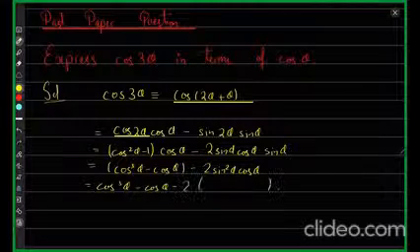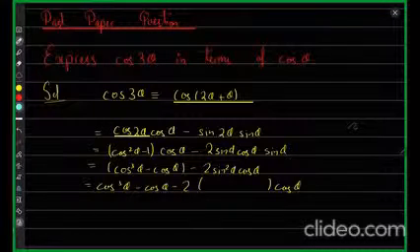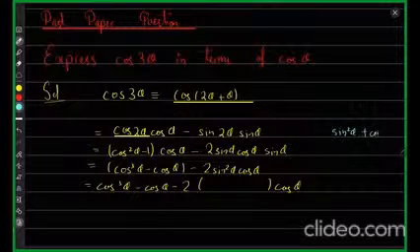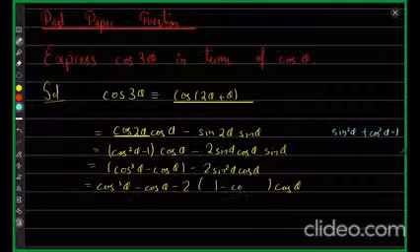Instead of sine squared theta I need to use the idea that sine squared theta plus cos squared theta is equal to 1. So sine squared theta would be 1 minus cos squared theta. And now everything is in terms of cos theta. I am just supposed to simplify it.